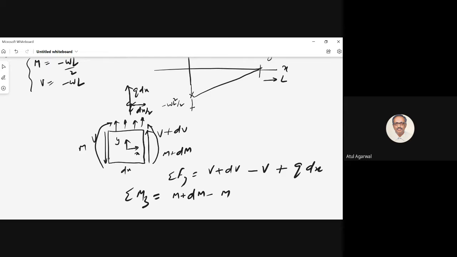If you replace it by an equivalent force, this is causing a clockwise moment about this point. So clockwise moment means minus Q dx into dx by 2, and there is a shear force here V, which is causing a counterclockwise moment about this point. You see, plus V dx. V plus dV is passing through it, so it is not contributing. So this entire thing has to be 0.